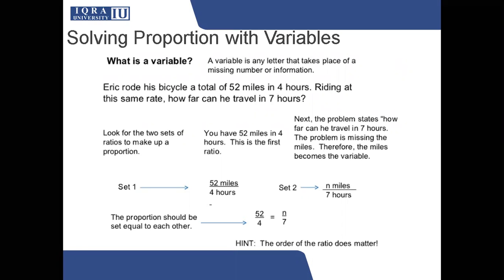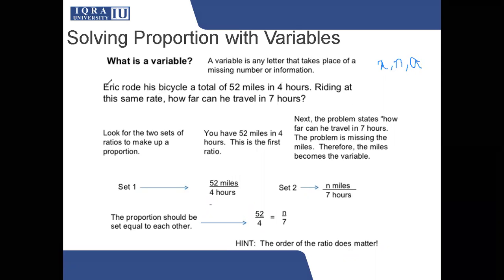So this is basically an example of how the word problems of proportions can be. And so we'll be solving these proportions with variables. Now, what is a variable? Basically, a variable is like x or the letter a, or basically any letter that we can use. A variable is any letter that takes the place of a missing number or information.